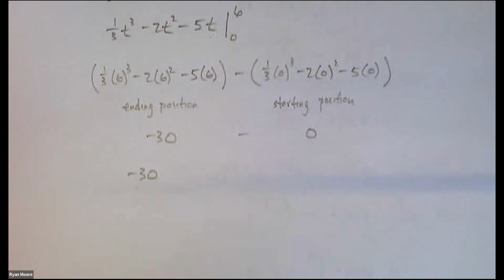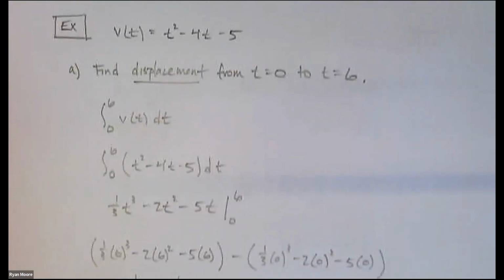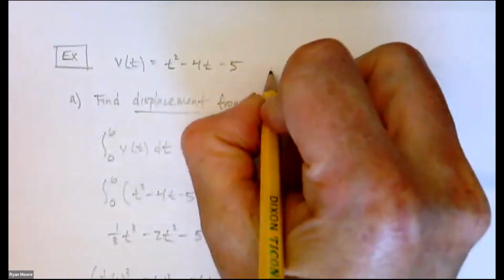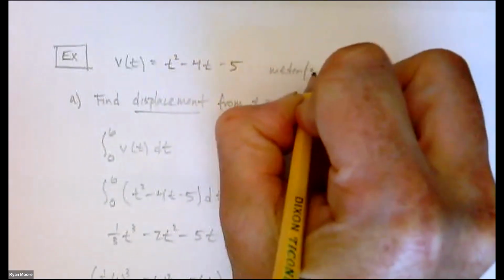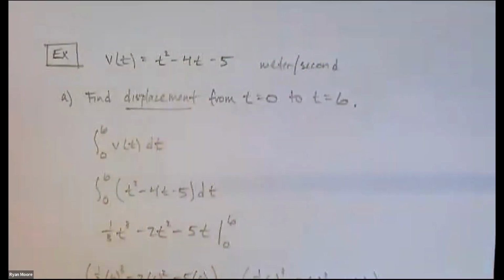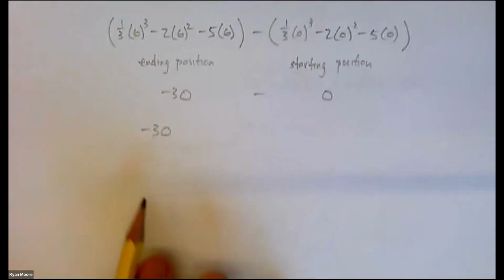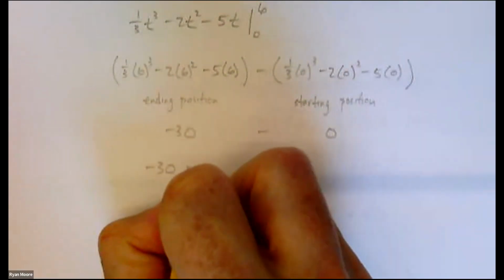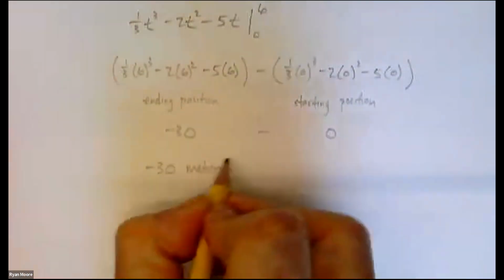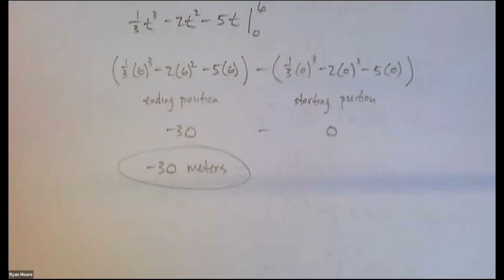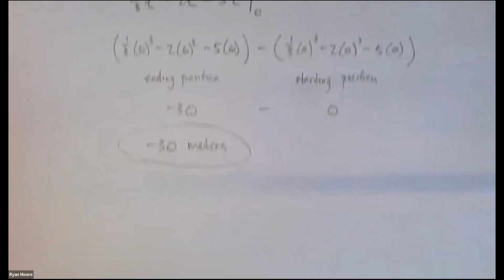And if you look back to the question, what units, that's actually important here. I didn't write it here, but velocity was meters per second. So what would this represent? Negative 30 meters. The negative is important. We went back to the left.